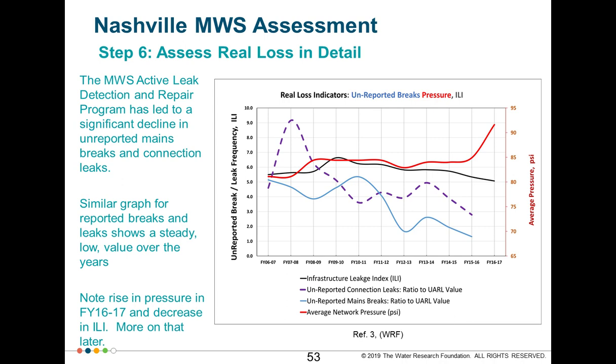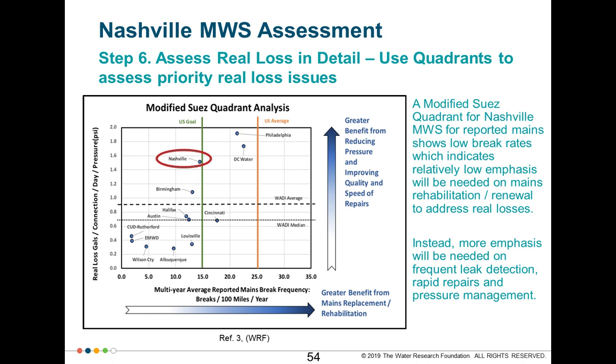Now, this type of analysis can also be paired with what we call quadrant analysis, which Gary mentioned earlier. And there are 2 types of quadrants we present here, and they deal with the four pillars of real loss. The first one is what's called the modified Suez, and what we have in the x-axis is the break rate, which is sort of a proxy for your infrastructure or asset condition, and leakage.